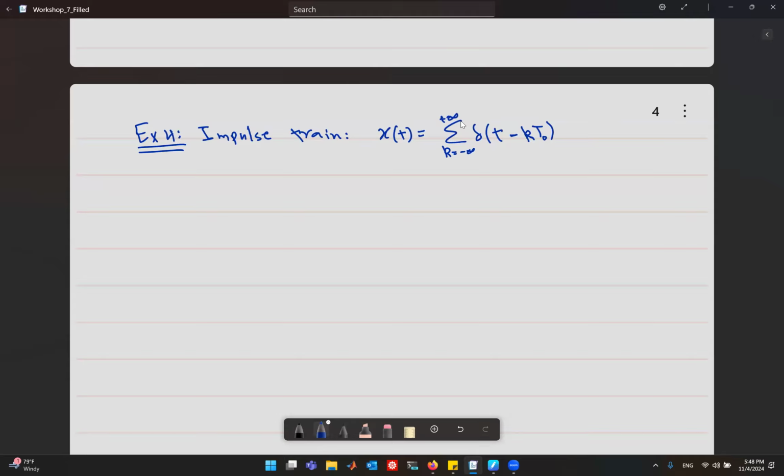So this signal is just a collection of impulses, or what we call an impulse train. And if you plotted it, it's just unit impulses at all integers of t naught. So first, when k equals 0, we have this impulse.